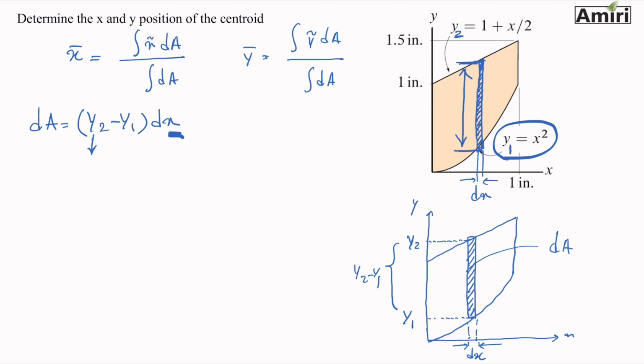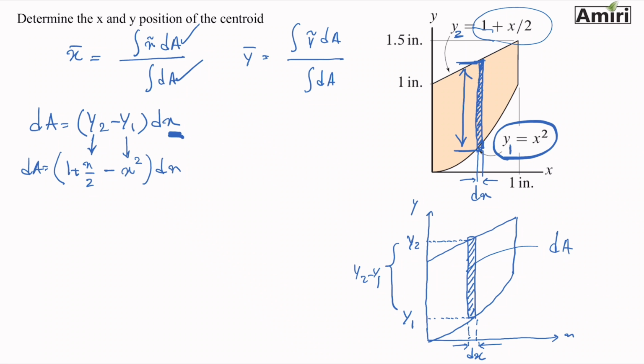So I'm going to plug their equation back in here. So 1 plus x over 2 minus x squared, and dx, and that's my dA.